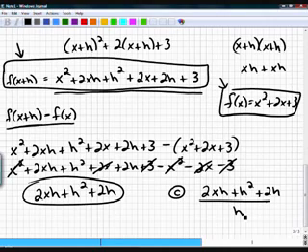Here's the thing though, you have 3 terms on top. You've got to divide all 3 of those terms by h. You can't just do one of them. 2xh divided by h would be 2x. H squared over h is h, and 2h over h is 2. So C part is 2x plus h plus 2.